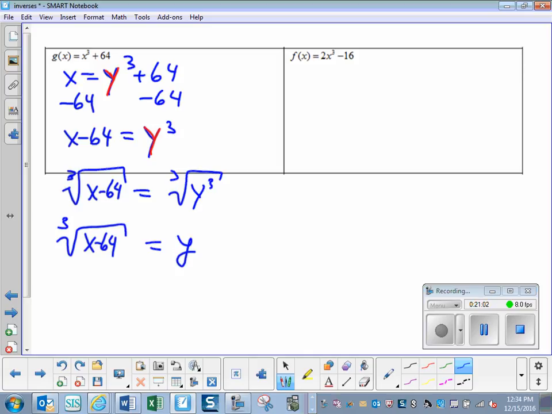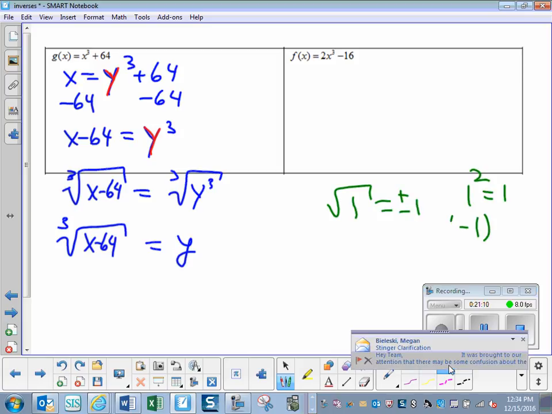If I have the square root of 1, it's plus or minus 1 because both 1 squared is 1 and negative 1 squared is 1. Square root is always positive, though.